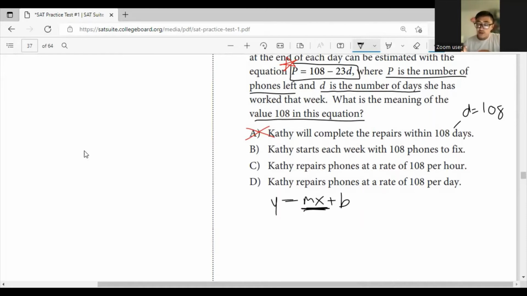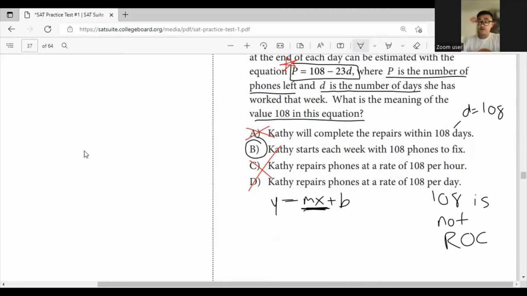It's looking like the plus b, which is the y-intercept. So C and D are wrong for that same reason, because 108 is not the rate of change. Not ROC. I'll just write that. All right, so that leaves our answer to be B.